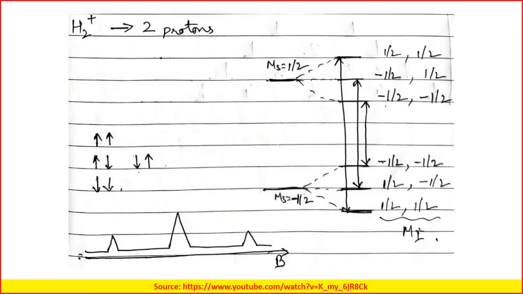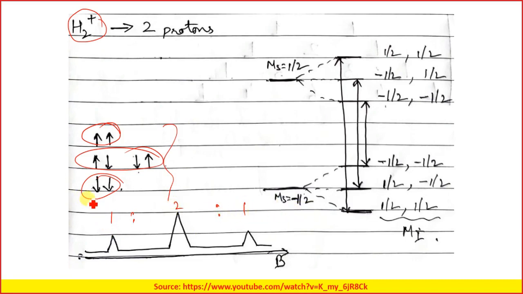Now, we had also discussed what would happen if we had H2 plus radicals. And we have seen that in that case, there are three types of electron arrangement, and based upon that, we will get three peaks, and all these peaks will be in the ratio of 1 is to 2 is to 1.